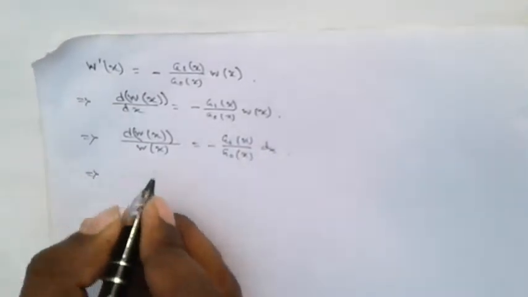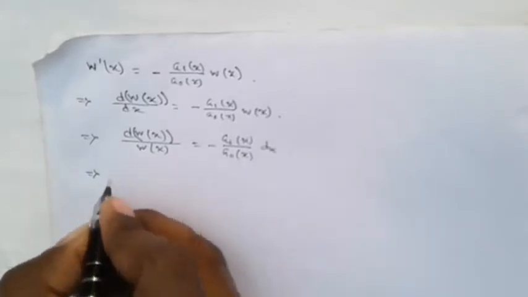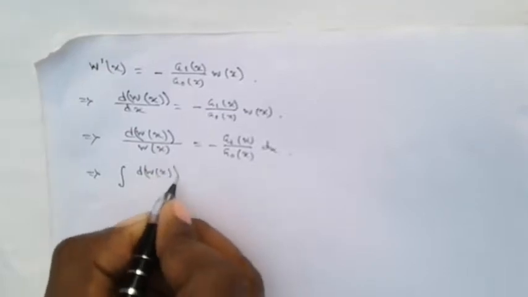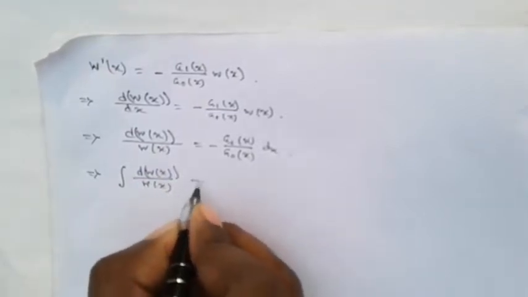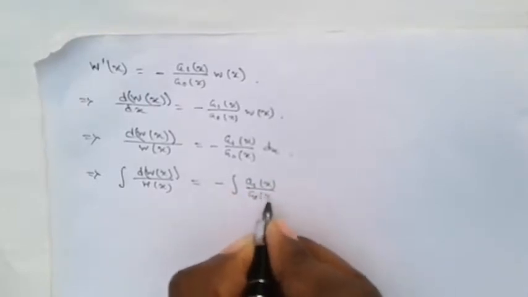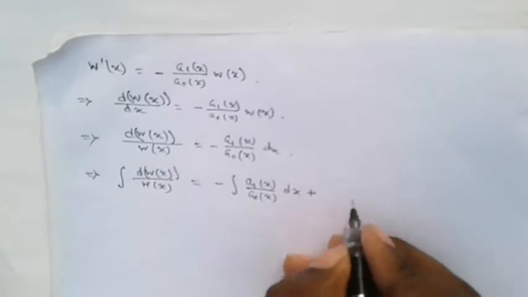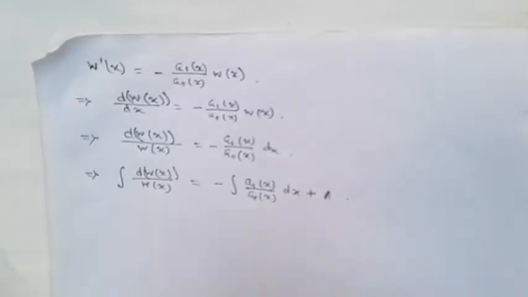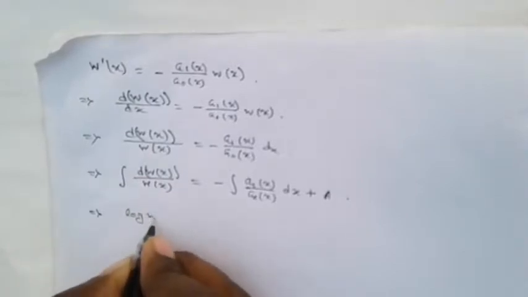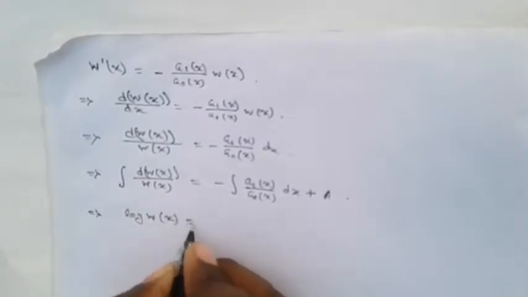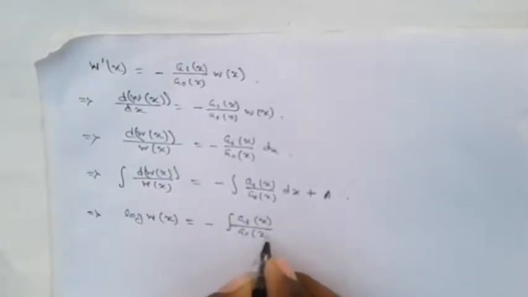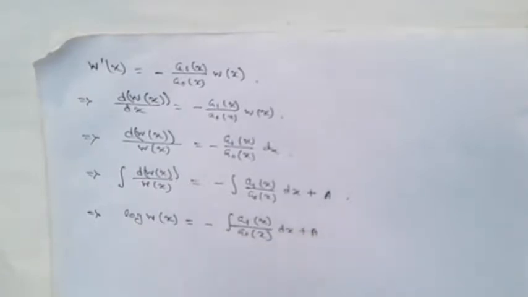Now if we integrate both sides, log of W(x) equals minus the integral of a1(x) by a0(x) dx plus a, where a is a constant.